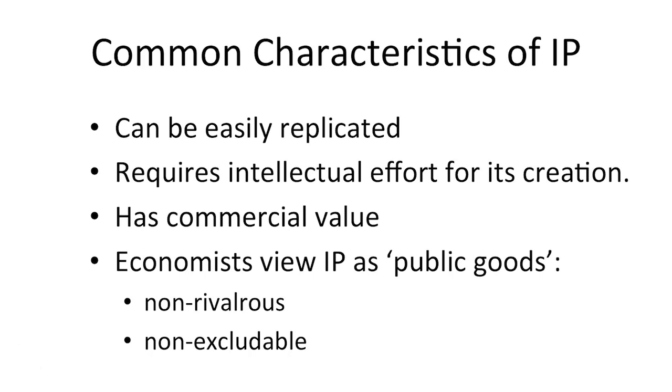Similarly, a movie may take months or years of effort to complete, but we hear constantly about pirated versions coming out within just a few days of screening of the movie in the theaters. All these things tell us that though it is hard to create an intellectual property, it is easy to replicate. Now, this is another trait, that it can be reproduced easily.